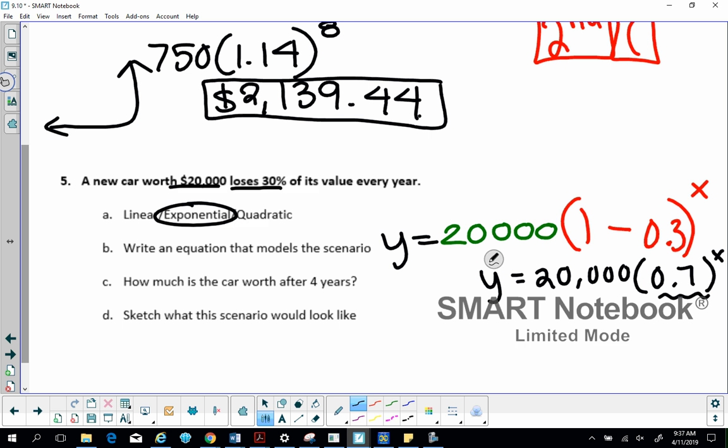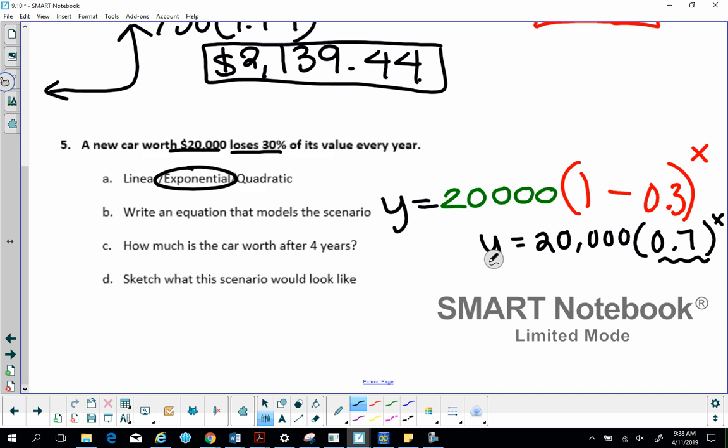What do we do for the other two? What do we have to do? Plug it in for x.